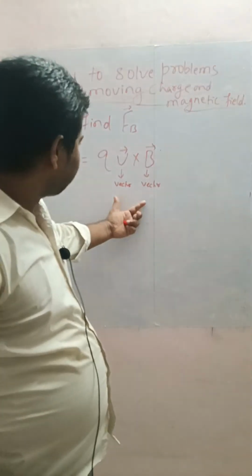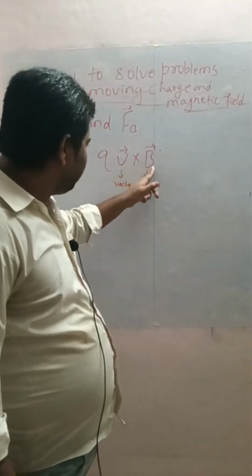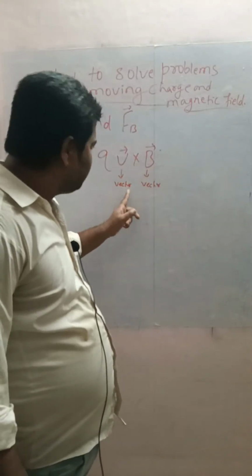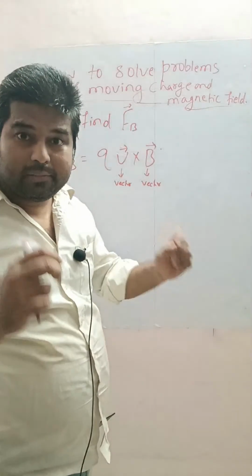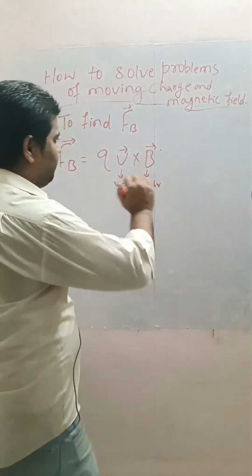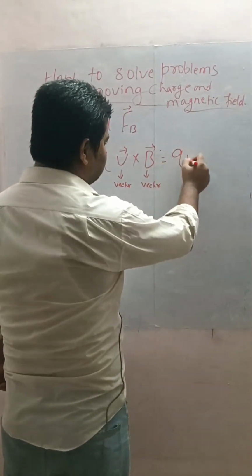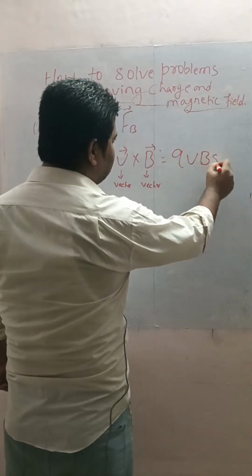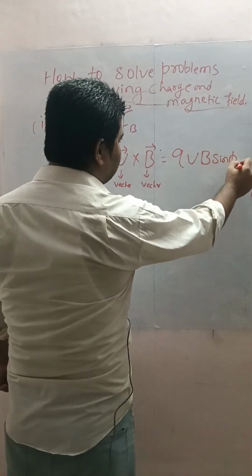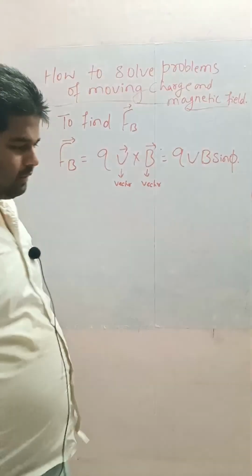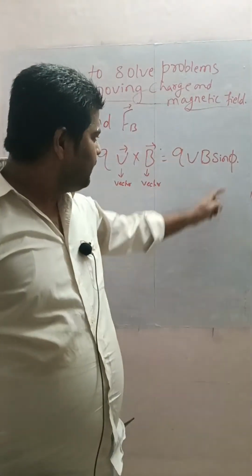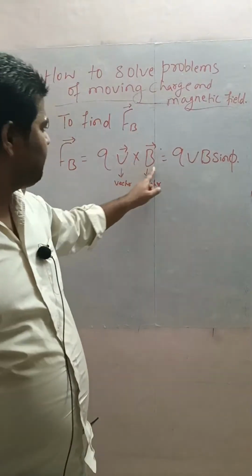But here these two are vectors, and the cross product will decide the resultant magnetic force. For that, we have to take care of this sine phi. Understood? This is the angle between velocity and magnetic field.